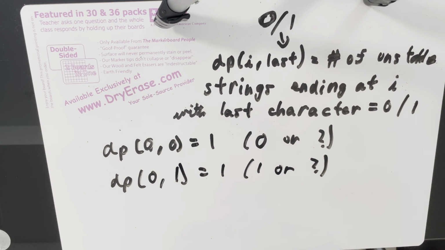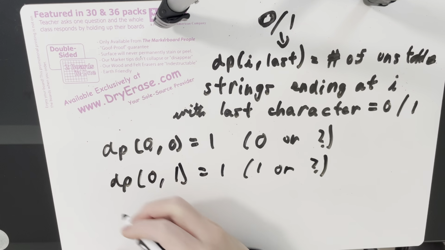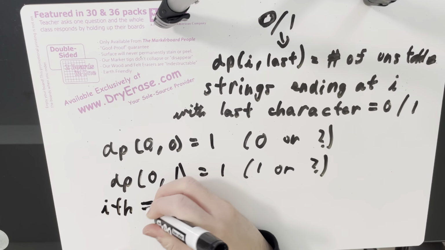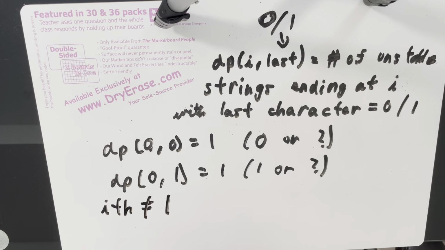And the way the recurrence works is that it depends on what the ith character of the input string is. If the ith character doesn't equal 1, then that means the string ending at the ith character can end with a 0.